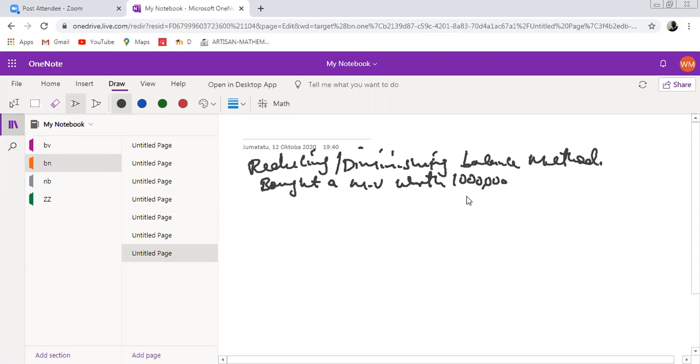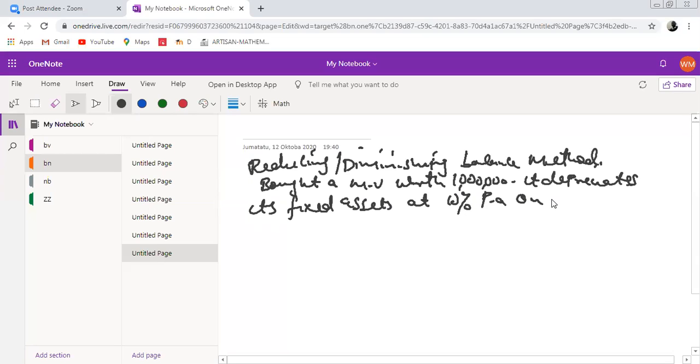It depreciates its fixed assets at 10% per annum on reducing balance basis.